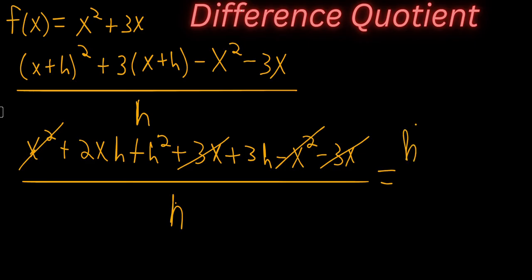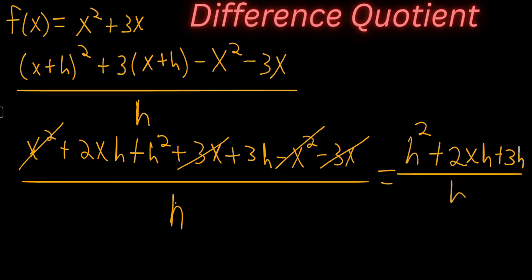Let's rewrite this in standard form. We have h squared plus 2xh plus 3h, all of which is divided by h.